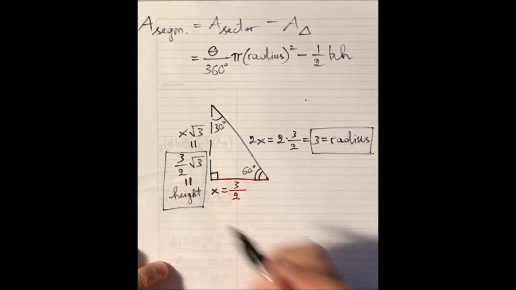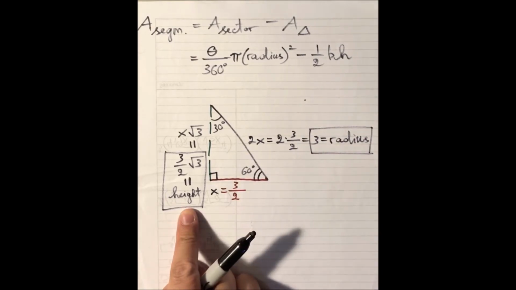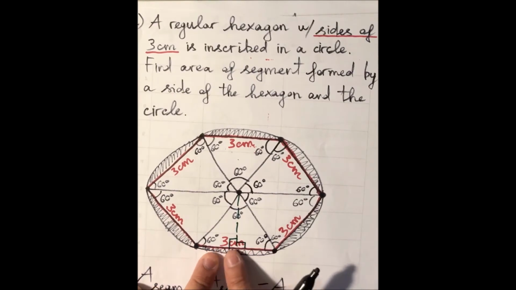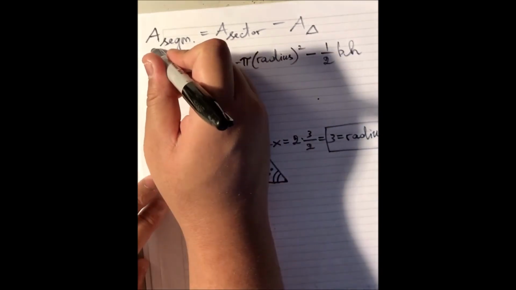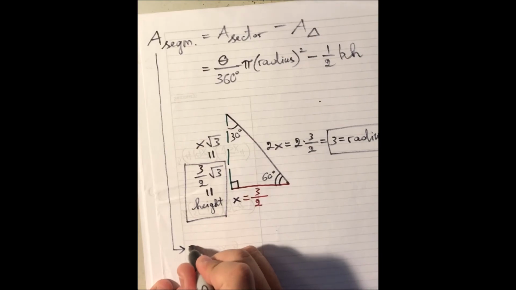Again, with the radius now known, the height now known, and the base of each triangle now known, which is 3 centimeters, just plug them all in using the area of a segment formula.